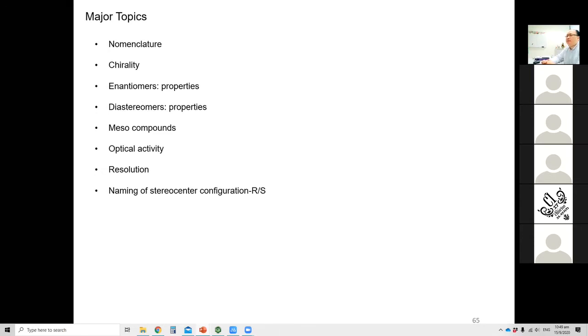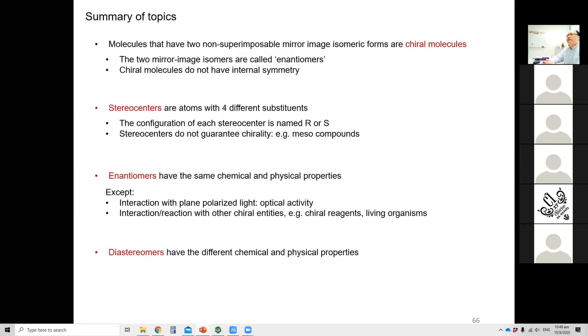And we learned how people do resolution to separate enantiomers, and especially how to name the stereocenter configuration, how to differentiate between R or S using the CIP rule.